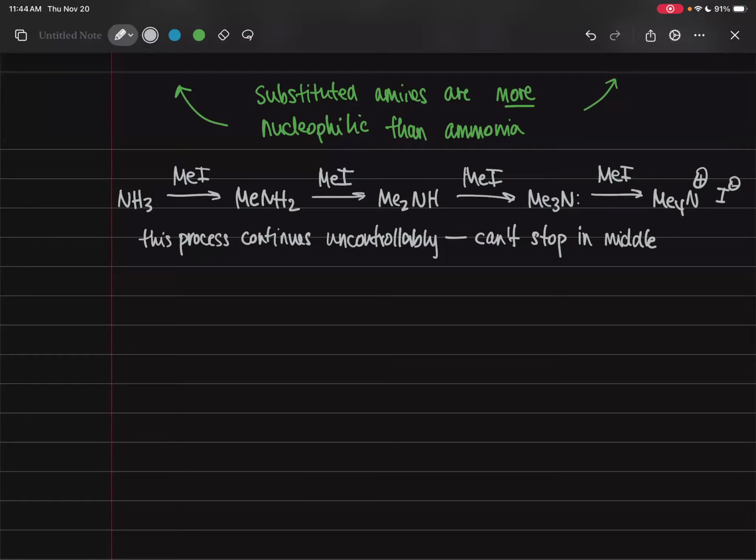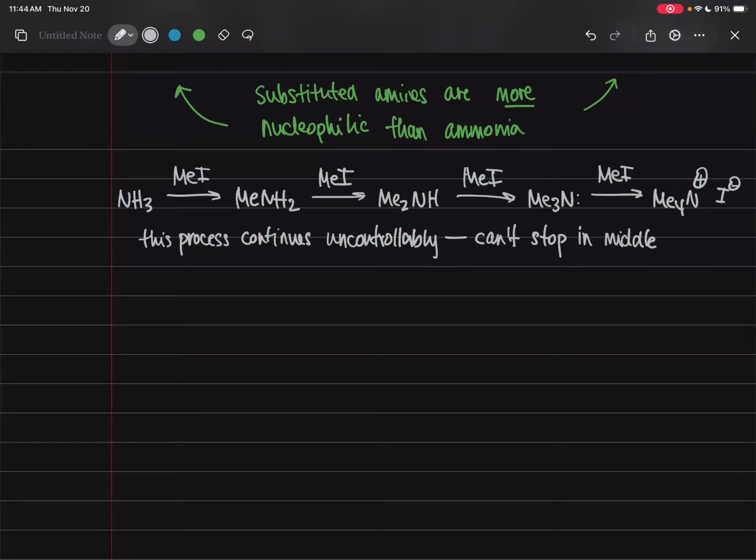And now you have ammonia competing with dimethylamine. The dimethylamine is more nucleophilic, and so it'll continue all the way to tetramethylammonium iodide at the very end. So if you just add 2 equivalents of methyl iodide, you'll end up with half of your ammonia converting all the way to the quaternary ammonium salt, and half of it doesn't react at all.